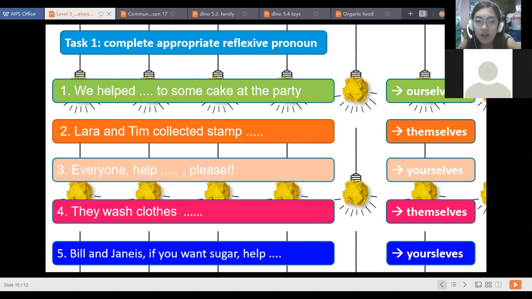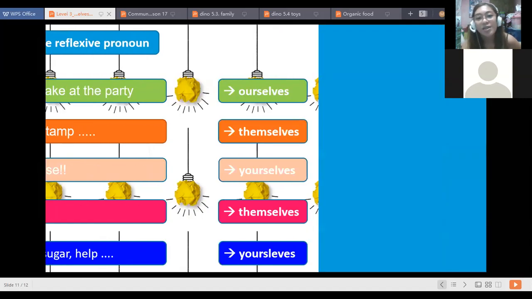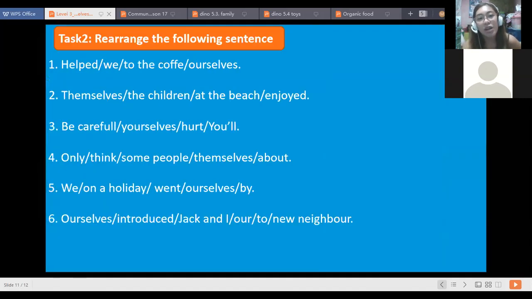Everyone help yourselves, please. They wash clothes themselves. Bill and Dennis, if you want sugar, help yourselves. Okay, so next, can you rearrange the following sentence? Can you check your answer?